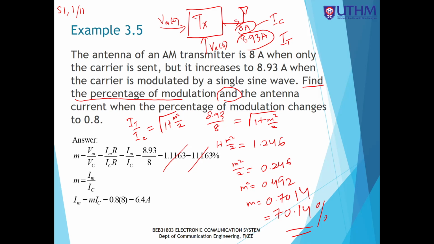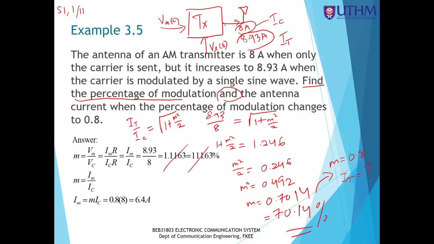So what if this value of m becomes 0.8? How much is the current supplied to the antenna? Current supplied to the antenna means I total. Okay, you need to find the I total.